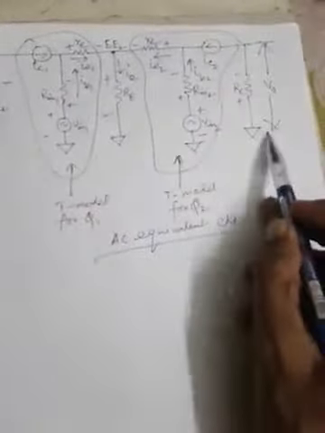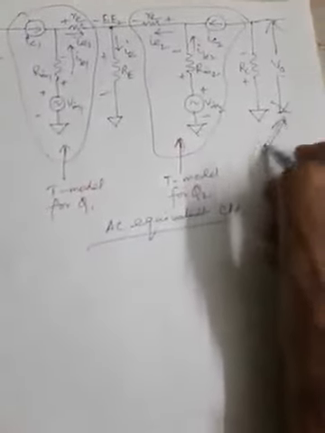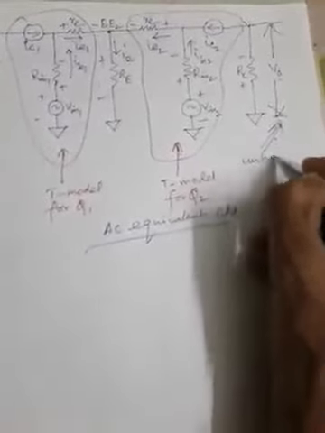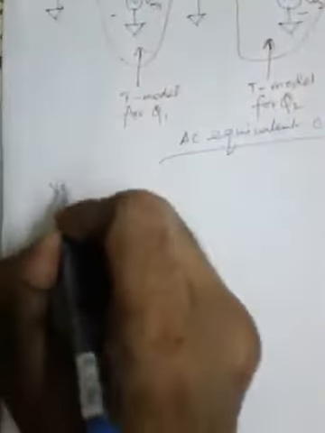So here VO is measured between these two points, this collector terminal and the ground. Because of this measurement, it is an unbalanced output.